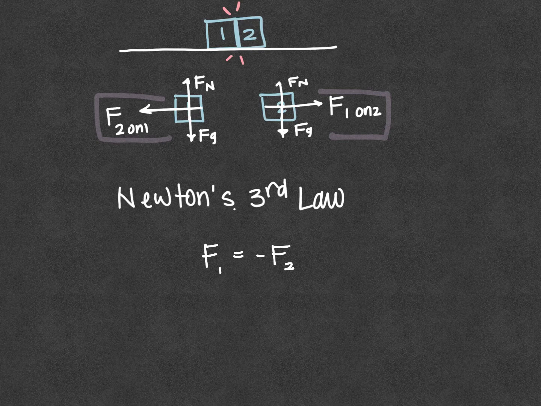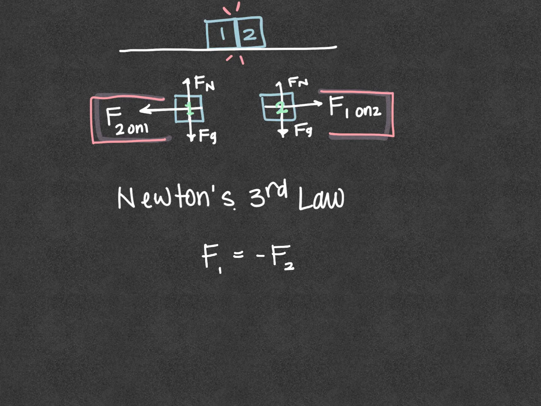In this case, we have our two bodies. We had our object 1 here, and we had our object 2 there. And so notice that the direction of the force on 1 and the force on 2 are opposite directions. And those forces will be equal to each other.